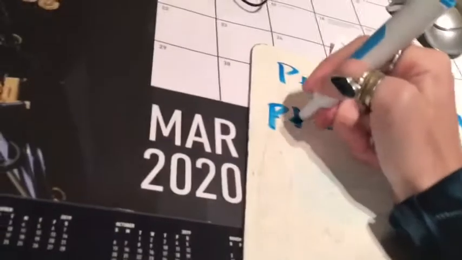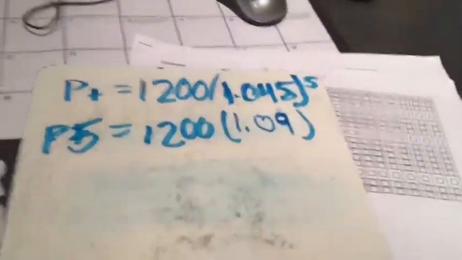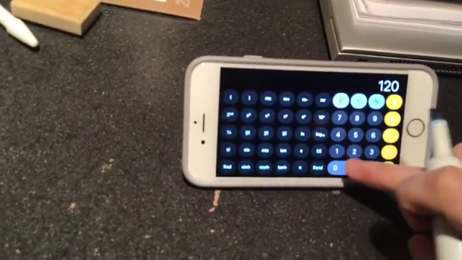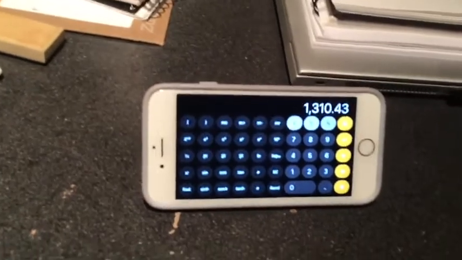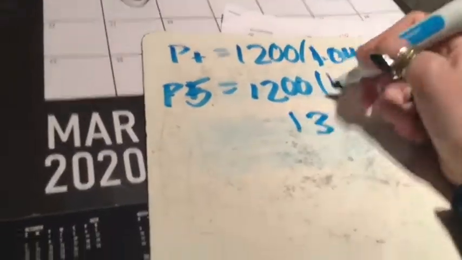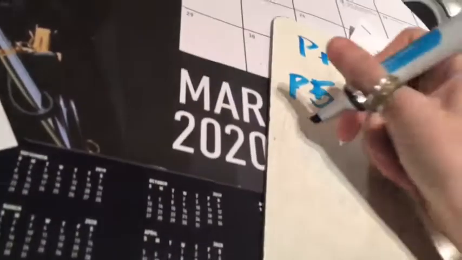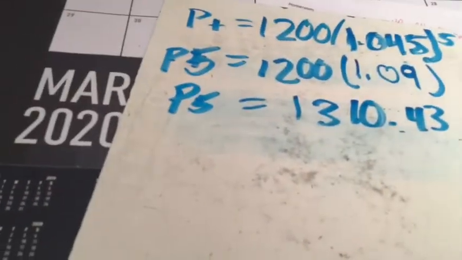So I'd come back over to my calculator, times it by 1,200, boom, I get $1,310.43 after how many years? 5 years, okay?